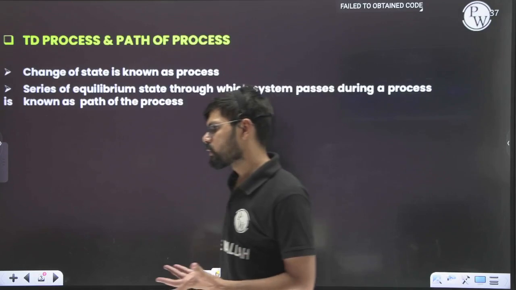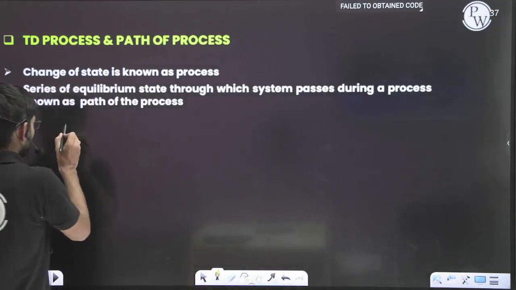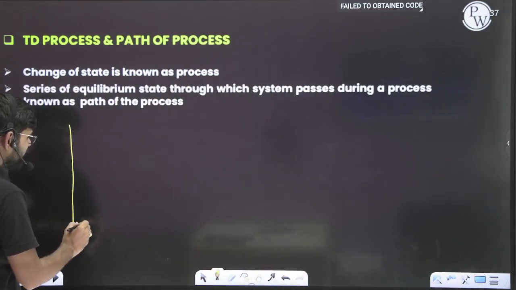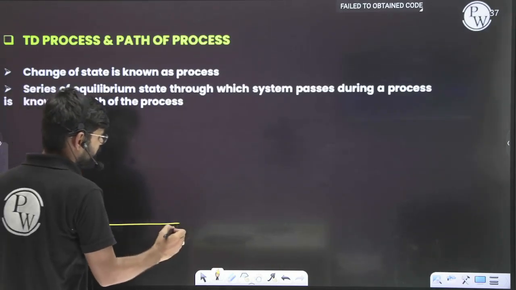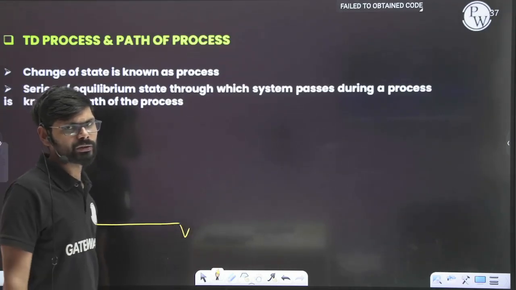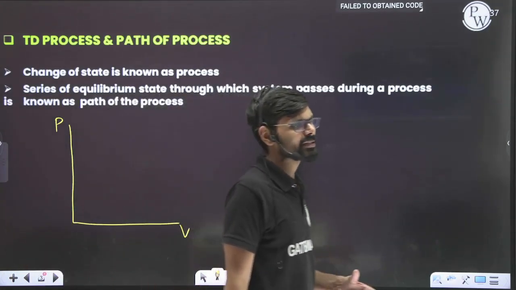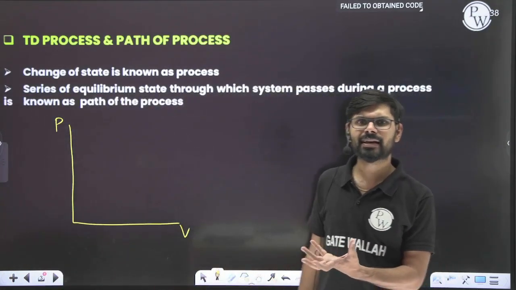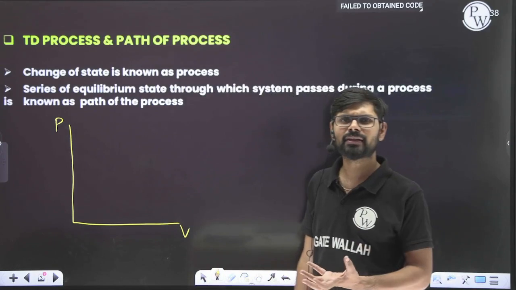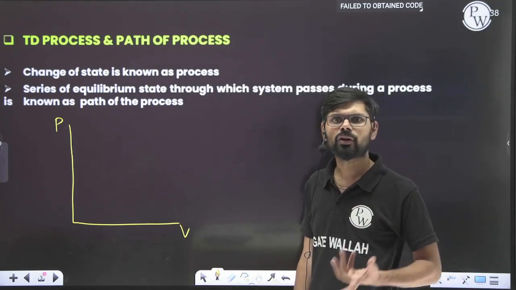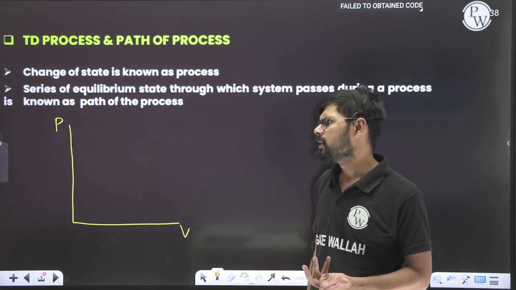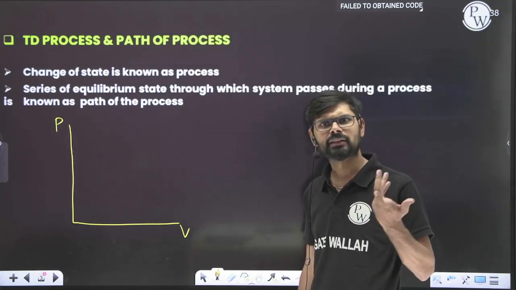So let's say if we represent any state in a property diagram, then coordinates are always properties. For example, PV. In a property diagram, the coordinates are always properties, whether it's a PV diagram, TS diagram, HS diagram, TV diagram, PS diagram, whatever diagram it may be. You have never seen such a diagram like a T-heat diagram.